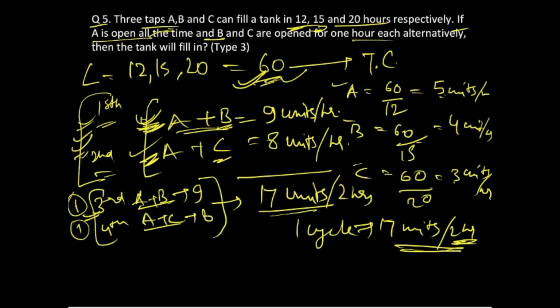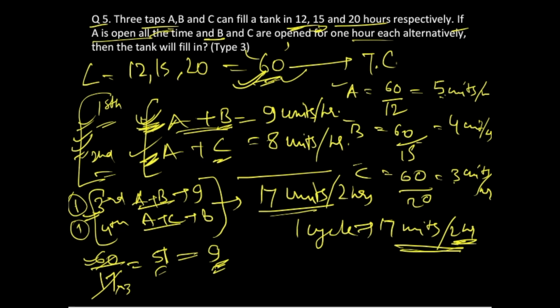So now what will we do? We'll divide this 60, that is the total capacity of the tank, by this 17. Let's see what we will get. If you divide 60 by 17, in 3 cycles you are going to get 51 units which will be filled, and there would be 9 units remaining, because 9 is going to be the remainder, right? 17 times 3 is 51 and the remainder is 9.